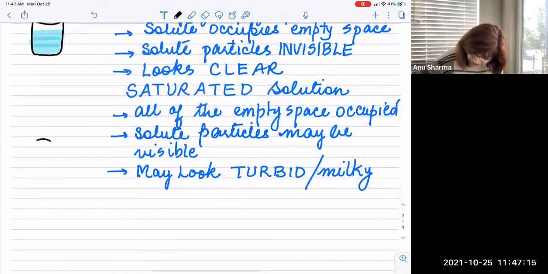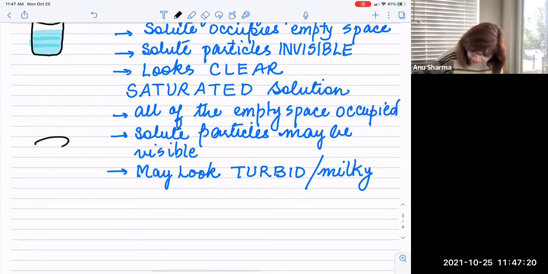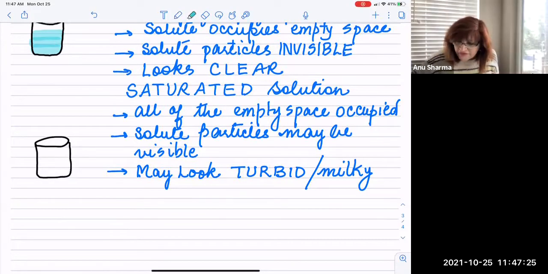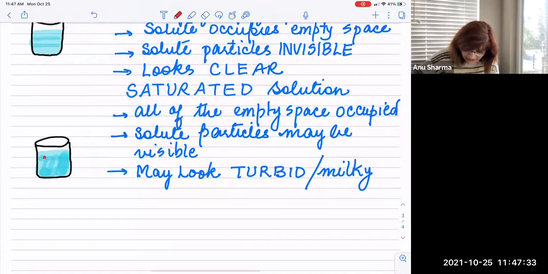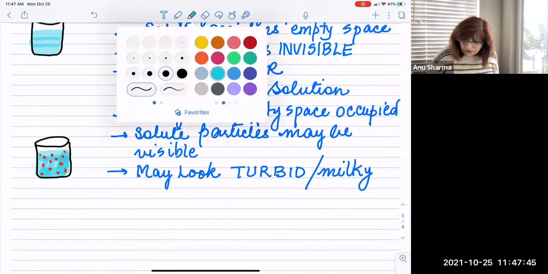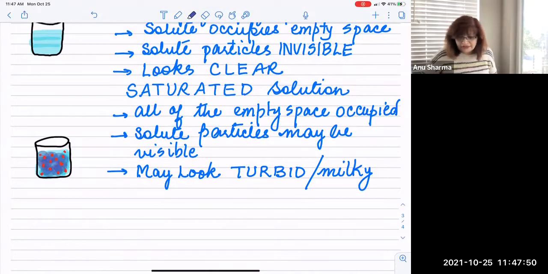Here is your tumbler, and in that tumbler the solute particles may be seen, so it looks like something is there.